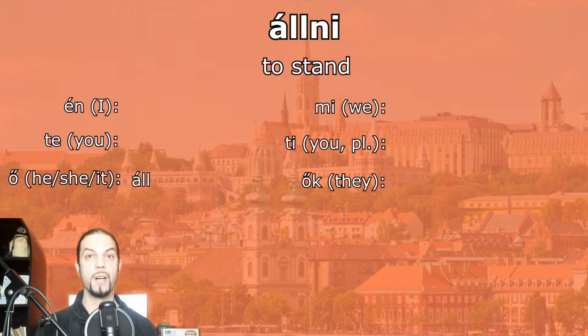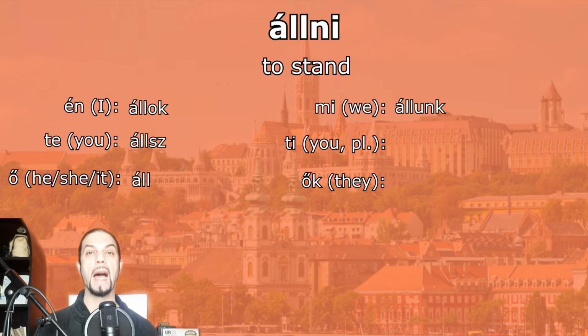Áll is a back vowel word, so it will get the back vowel suffixes where there are multiple options to choose from. So, én állok. I stand. Te állsz. You stand. Ő áll. He, she, it stands.